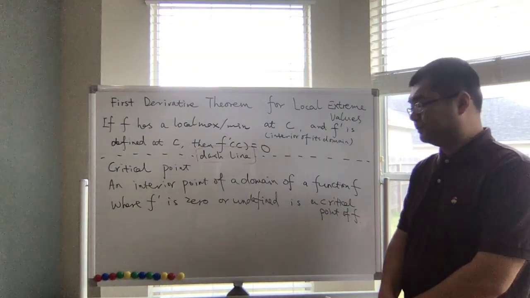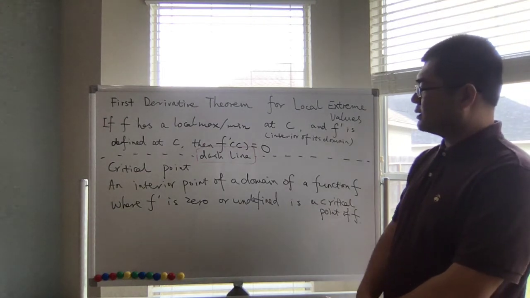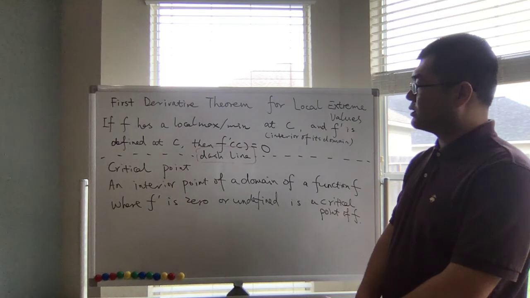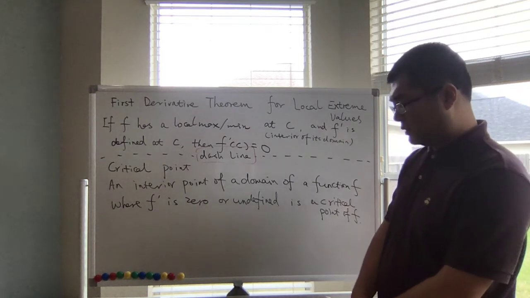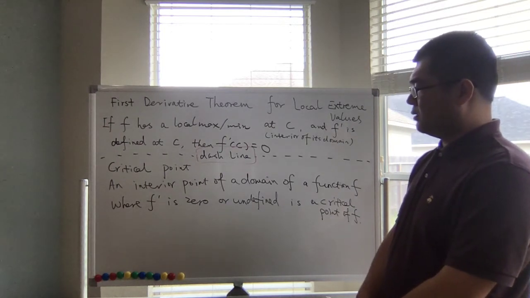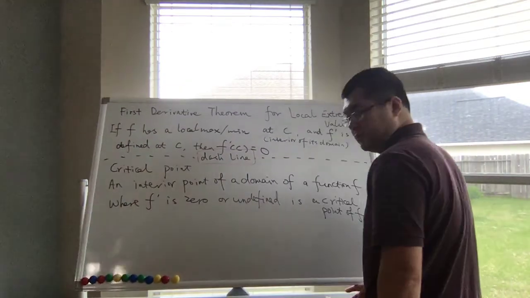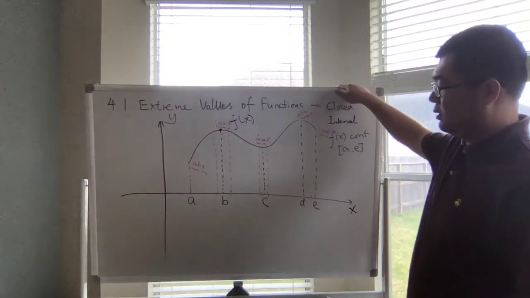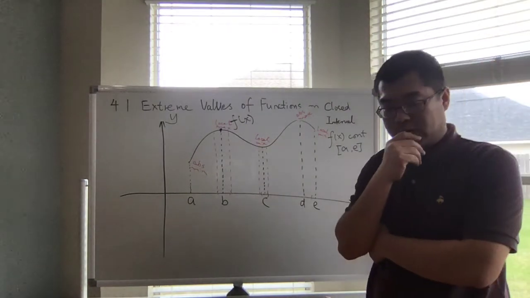So now let's think about why we introduced this. We talked about the first derivative theorem for local max and local min, and then we introduced a critical point. Now, if we go back to the first graph we showed you, let's think about this question.